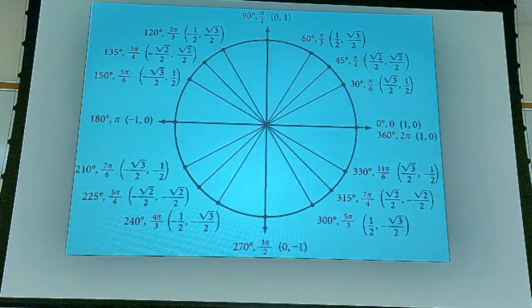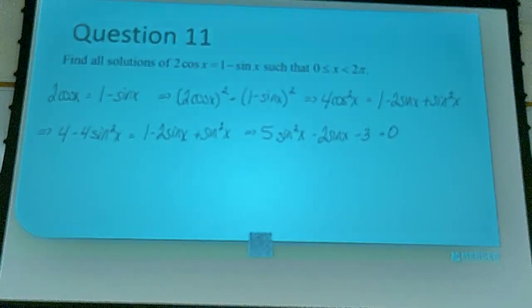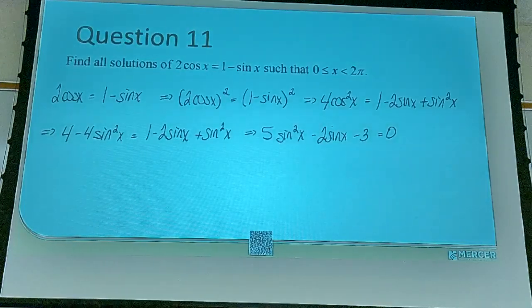Zero. And we already said what sine of pi over 2 is, right? It's 1. You get 0 equals 1 minus 1. Is that true? What's 1 minus 1? 0. Yeah. That's a solution.